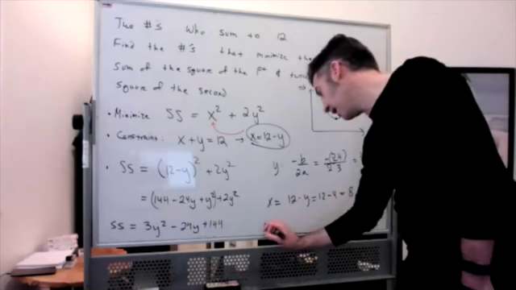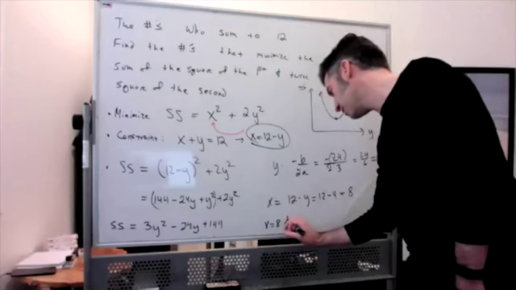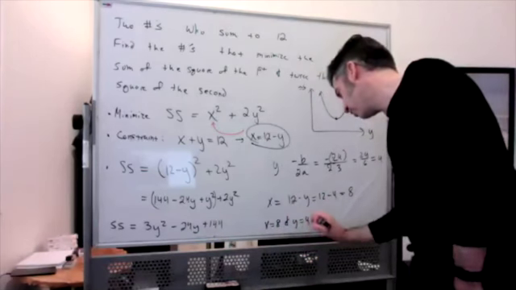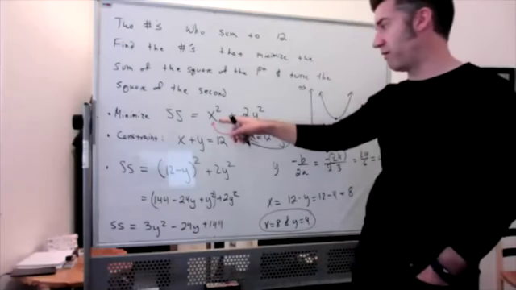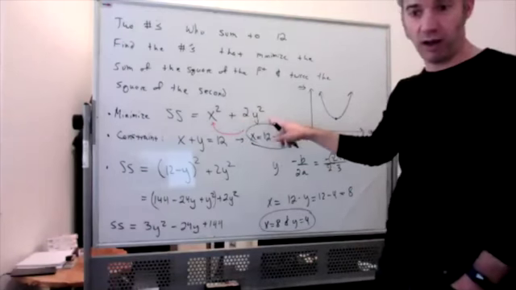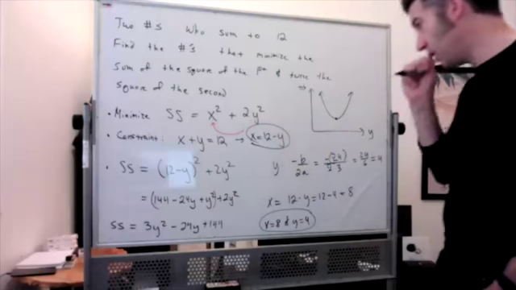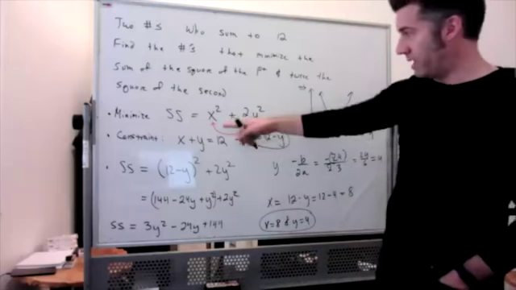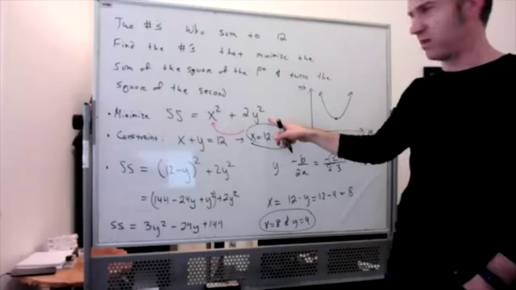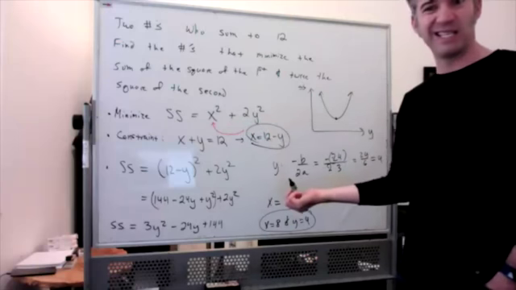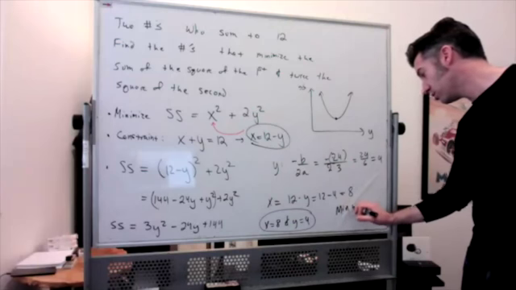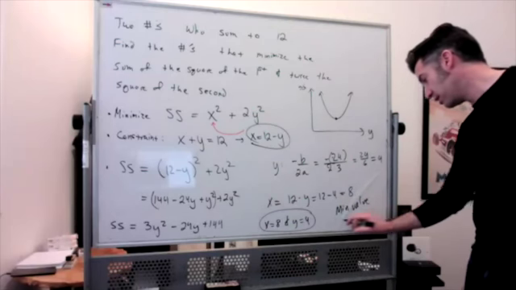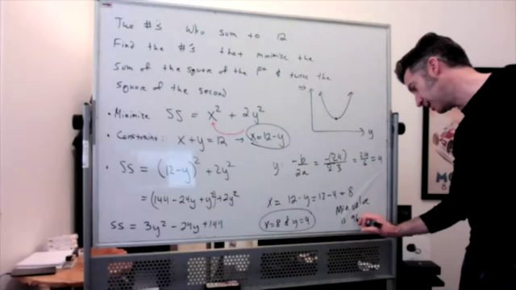So x equal to 8 and y equal to 4 minimizes the sum of the square of x plus twice the square of y. We can plug those numbers in, and you would get 8 squared plus 2 times 4 squared, which is 64 plus 2 times 16, which is 96, I think. So the minimum value is 96.